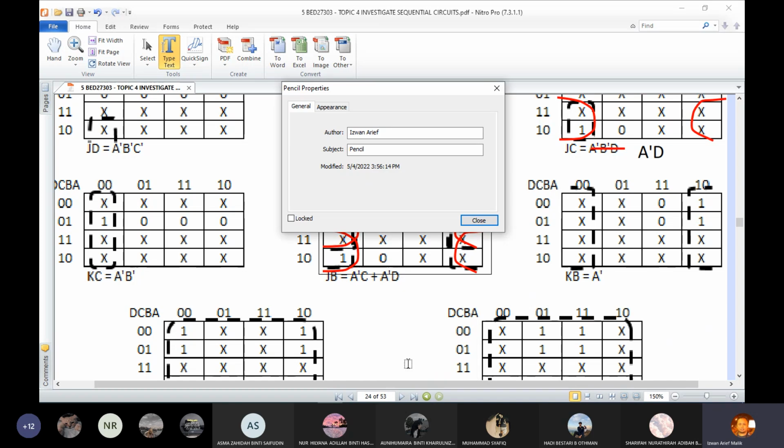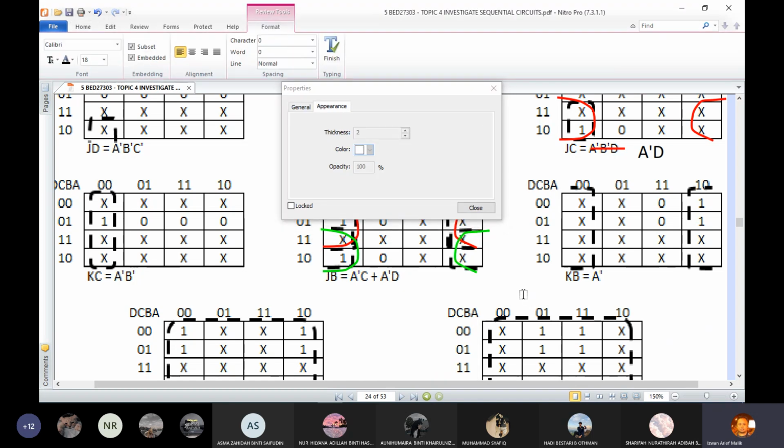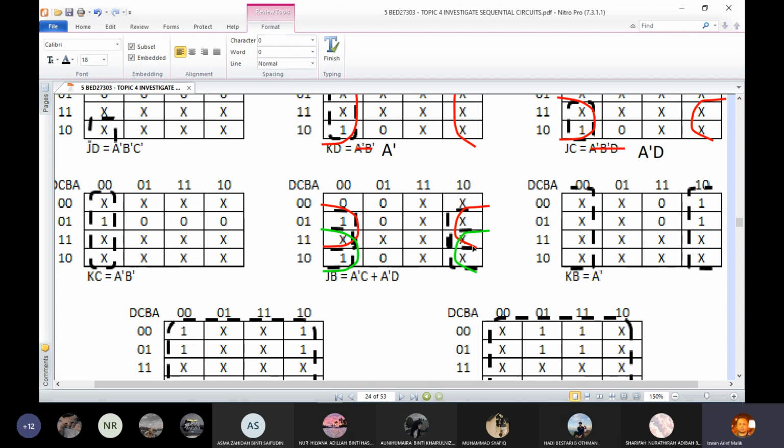Yang bawah ni saya tukar color di hijau. So samalah dalam diagram ni, cuma sebelum ni saya tak guna warna, so susah nak tengok. Okay, so for the red colored, D is changing, C is not changing, so ambil C. B is changing, A is A bar, so A bar C untuk merah. The green one is D dengan A bar.